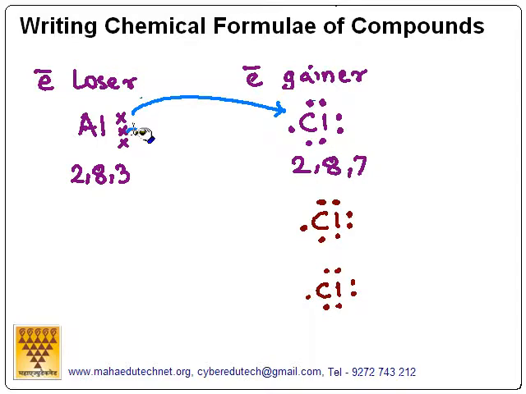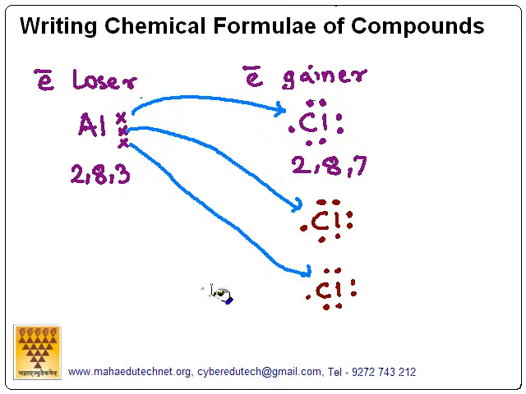So the aluminium atom will give 1 electron each to 3 of these chlorine atoms, and hence it will lose all the electrons in its outermost shell, and each chlorine atom will attain the stable state by accepting these electrons. The formula of the newly formed compound will be AlCl3, with 1 aluminium atom and 3 chlorine atoms.